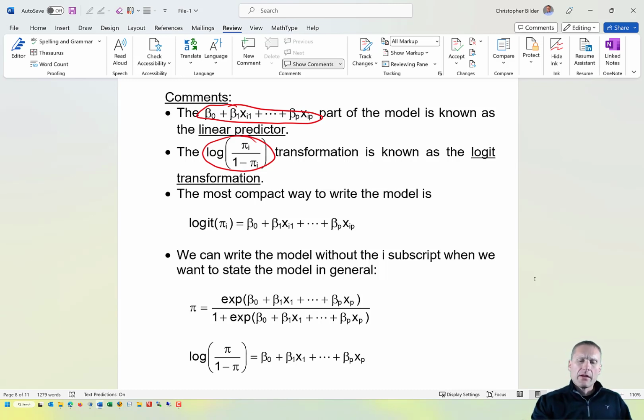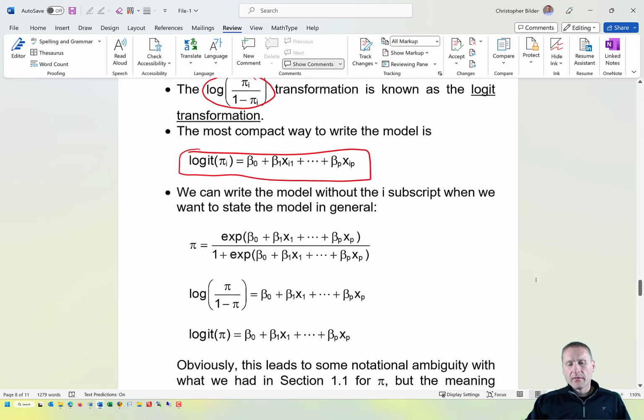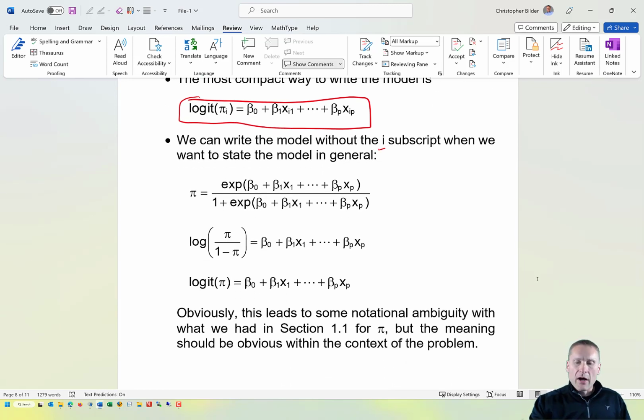This leads to a much more compact way to write the model, where I can equivalently represent the model as the logit of pi sub i is equal to this linear predictor. We can also drop the i subscript as long as there's going to be no confusion about what we're talking about here.